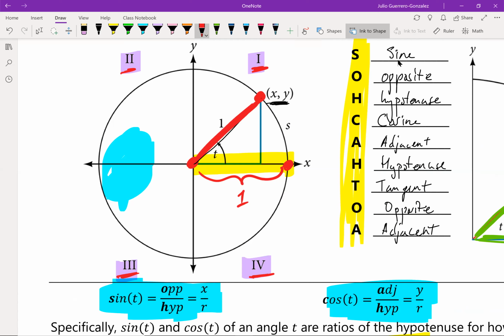So our hypotenuse is always 1, right? So that means that this distance here is x, Whoa. Oh, it's still doing into shape. Okay. So this hypotenuse right here is 1. This distance here is x. And this distance here is y.